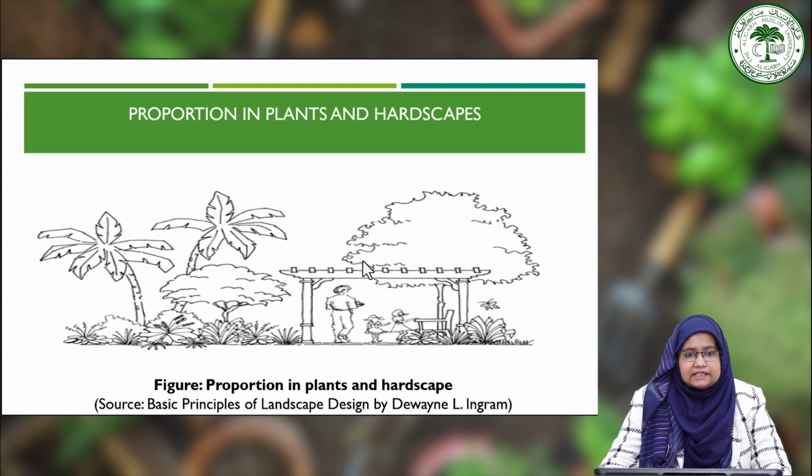As we can see in this image, there is a proportion of each element, like plants as well as hardscapes. Similar to this, proportion that invites human scale is also important for psychological comfort in wide or open spaces. People feel more secure in smaller open areas such as patios and terraces.